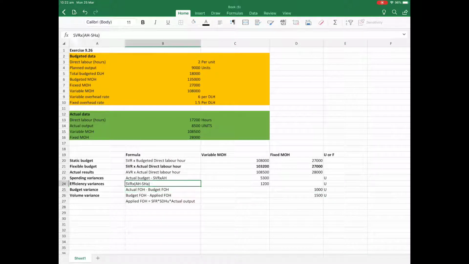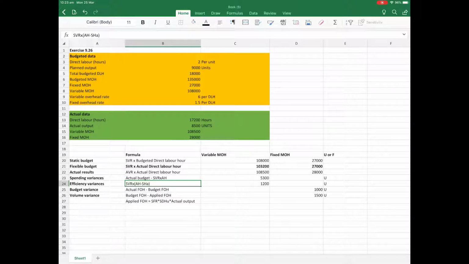Now one thing I have to remind you for this kind of exercise is that in previous years, students tended to perform very badly in this question, and most of them got this formula wrong. For the standard hours given the actual output, everyone forgot to apply it at the actual output level.